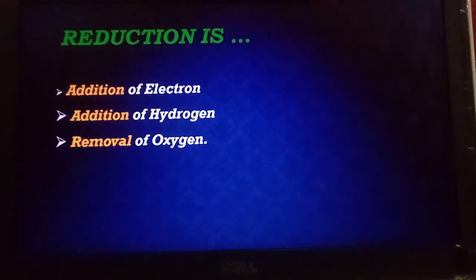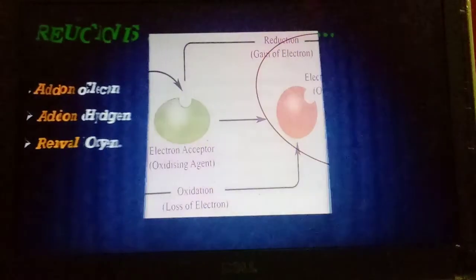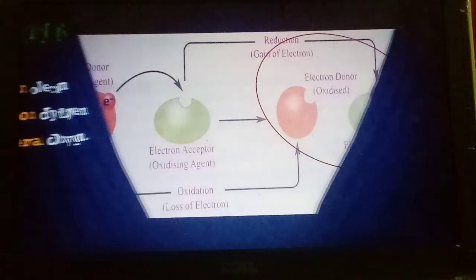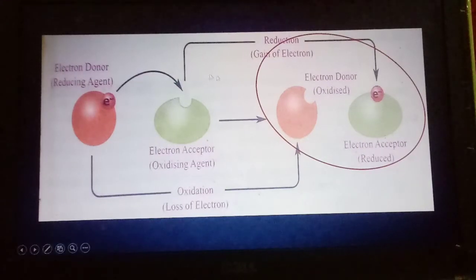Reduction is the addition of electron or hydrogen. When an electron or hydrogen is added to any molecule, or oxygen is removed from any molecule, that process is called reduction. Here you can see this electron is given to this atom or molecule, so reduction takes place.